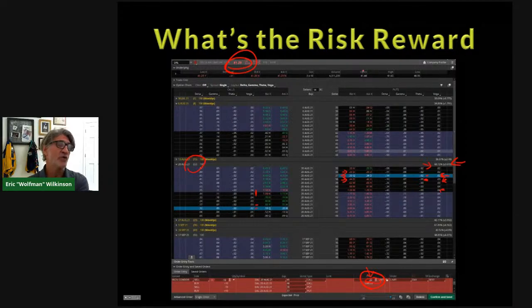Now, if I'm doing a long Iron Condor, though, a long Iron Condor is a very outpaced move, right? So I would be looking for an exceptionally large outpaced move, okay? So yes, in that case, when I'm buying, I'm actually expecting that bigger move, or the volatility just expanding, right?